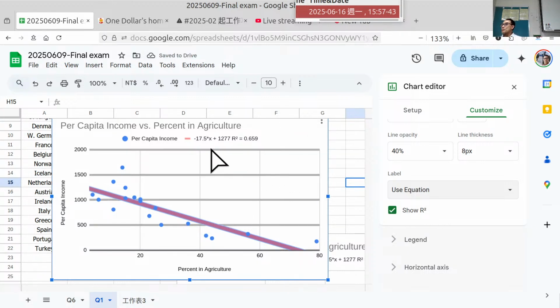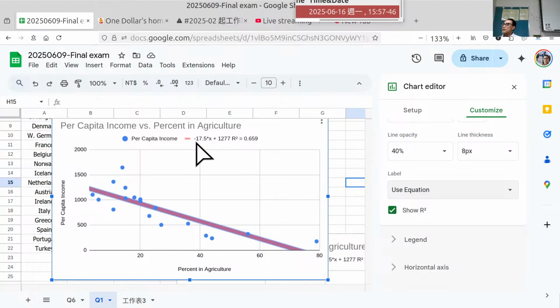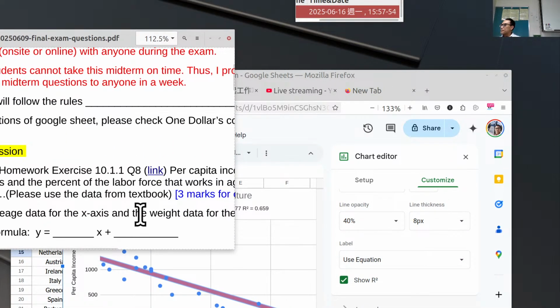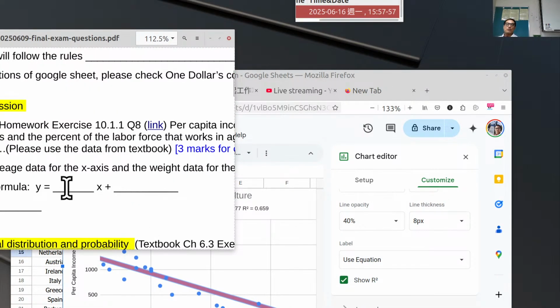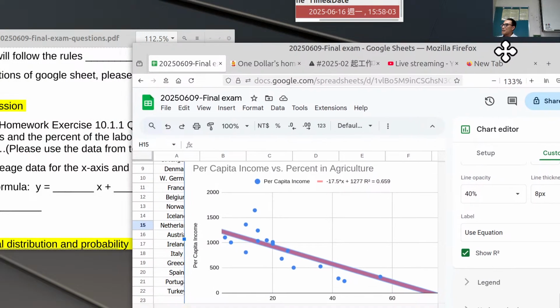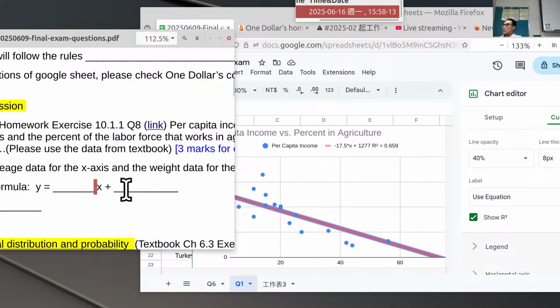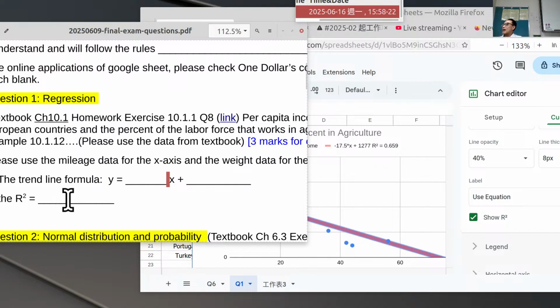Thus, the answer will be: y equals minus 17.5 x plus 1277, and the R square value is 0.959.